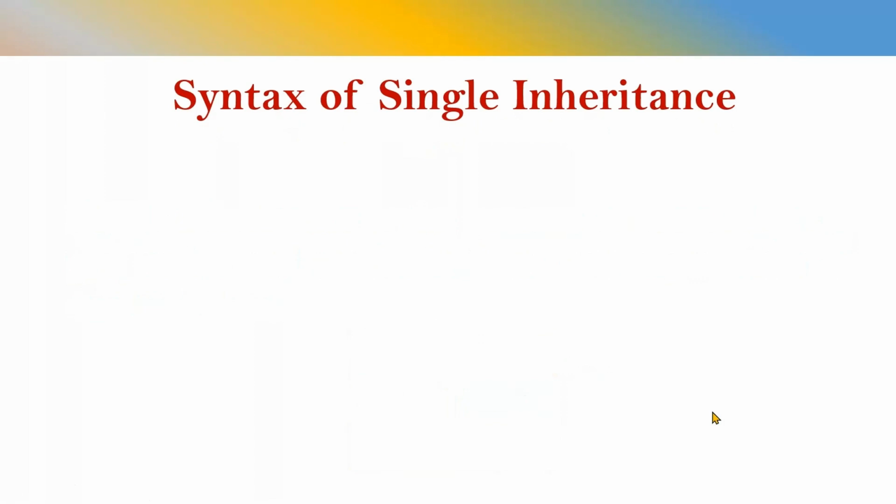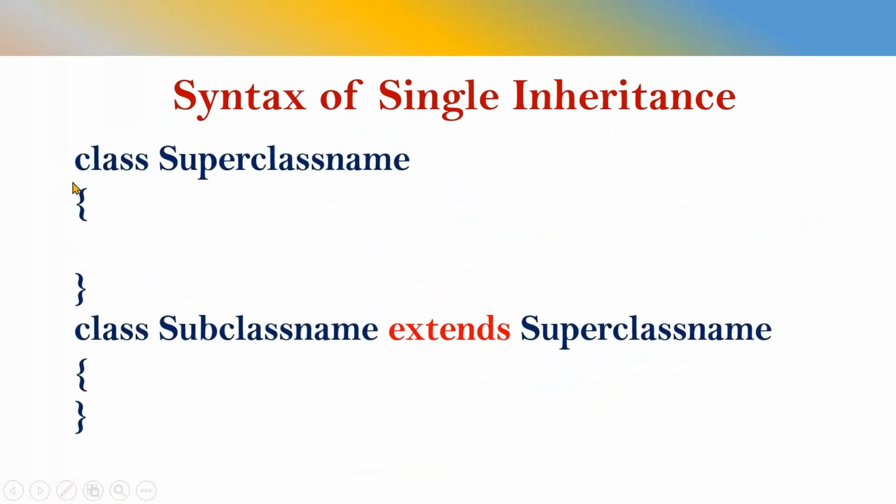Now what is the syntax of single inheritance when you write it in code? We write the class keyword to declare a class followed by the superclass name. In the previous diagram it was capital A, that becomes the superclass name. Then you write the methods as well as the instance variables of the superclass. Then you come to the subclass, which should also be declared with the class keyword, followed by the subclass name, and here we use the keyword extends.